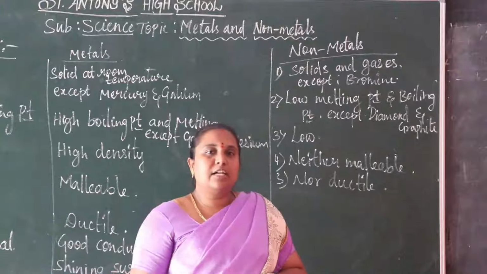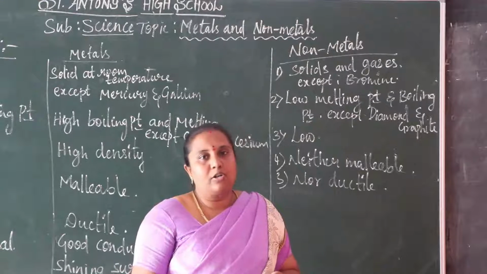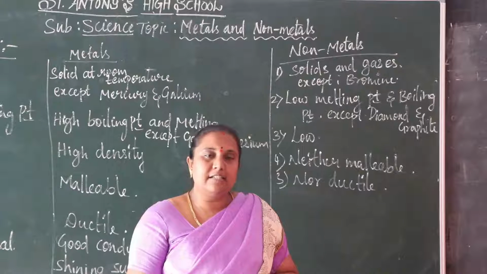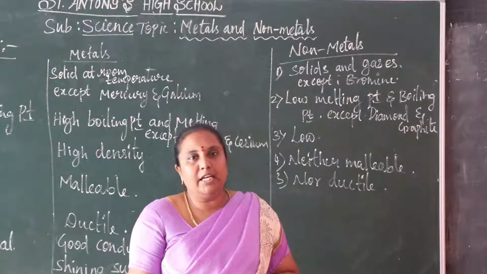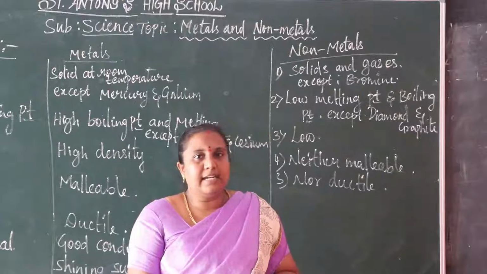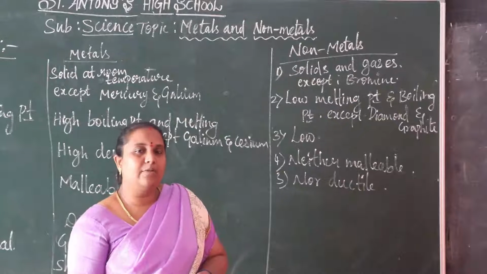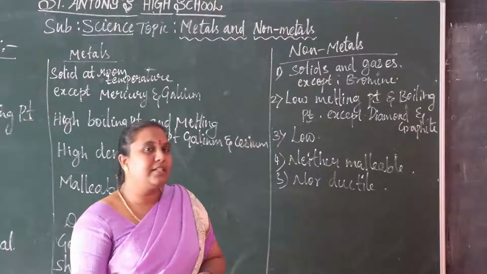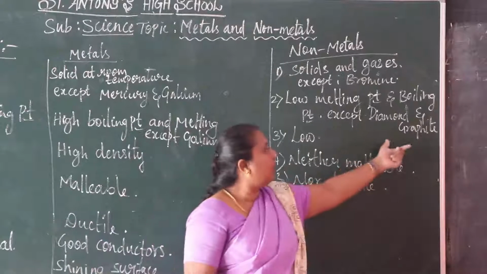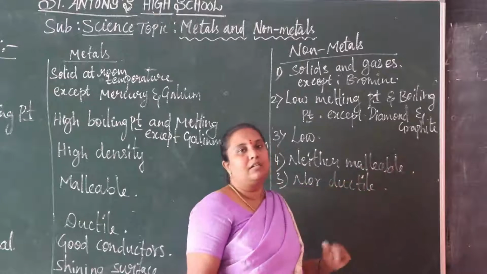And then electrical and thermal conductivity. Non-metals do not conduct electricity and heat. Here also we have an exception. Graphite is a hard thing. Graphite conducts electricity and heat as well.